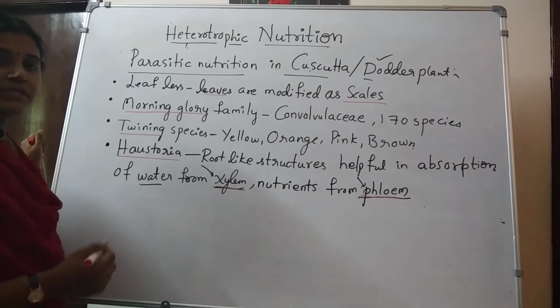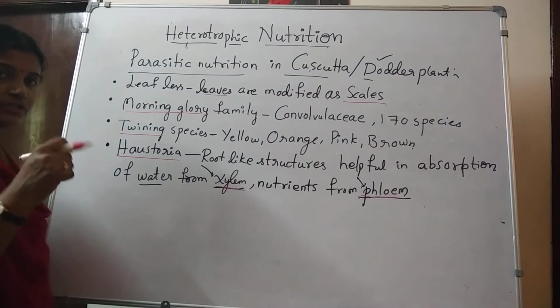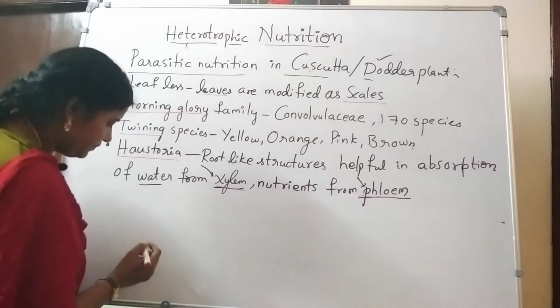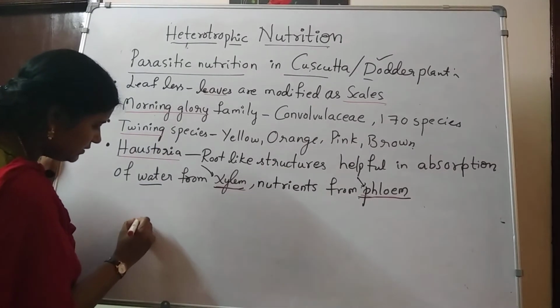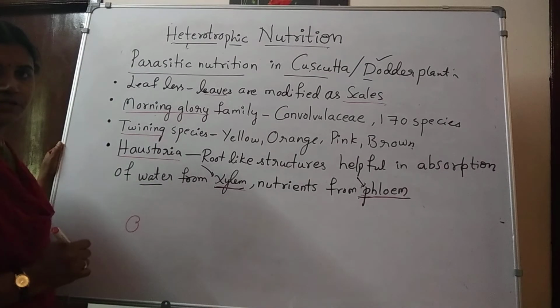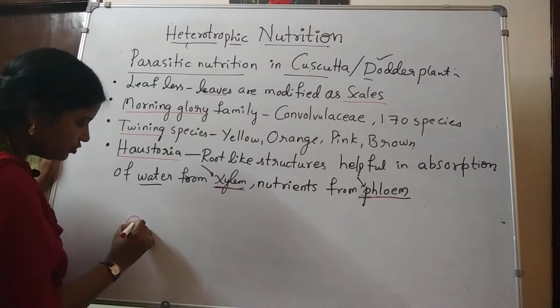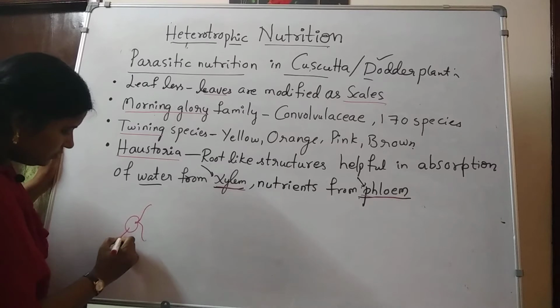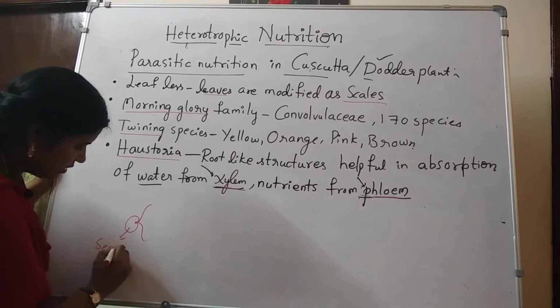Okay, now I am explaining the type of nutrition, how the plant grows and how it depends on the host plant. See here, this is the seed of the cuscuta. This seed germinates and forms anchoring roots.